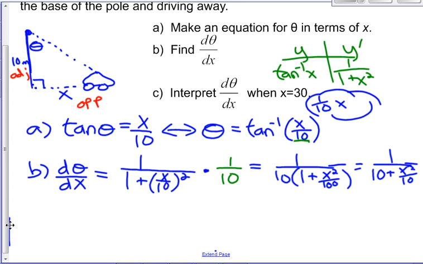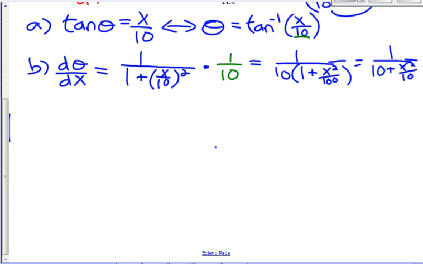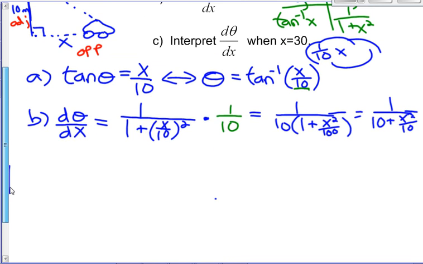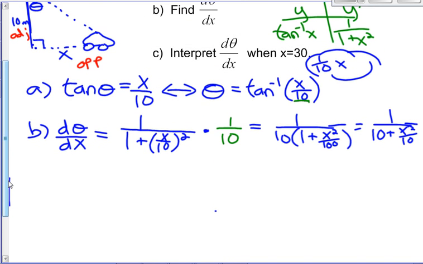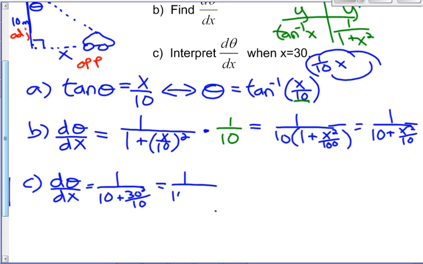So the last thing we're asked to do is interpret d theta by dx when x is 30. And there's our picture up there. So I'm just going to throw a 30 into d theta by dx. It'll give me 1 over 10 plus 30 squared over 10, or 1 over 10 plus 900 over 10, or 1 over 100, or 0.01.